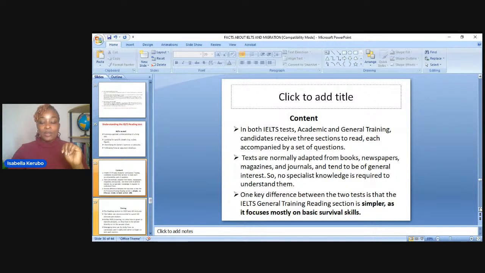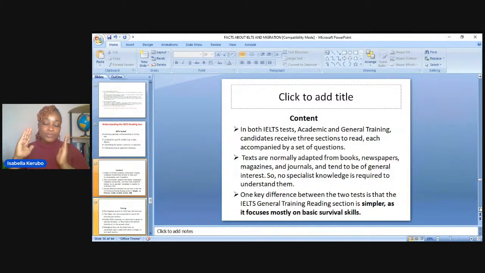The content, okay? Both IELTS academic and IELTS general training have 3 different sections. And each section is accompanied by a set of questions, like I said. Section 1, you are given a text to read, and this text comes with its own set of questions.